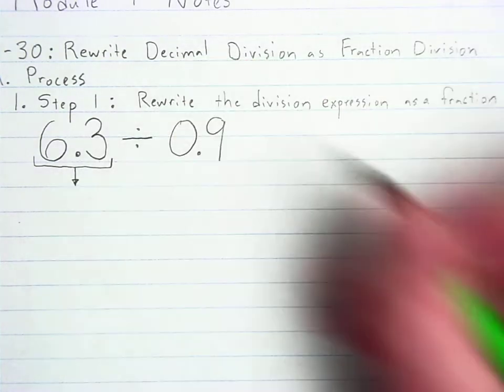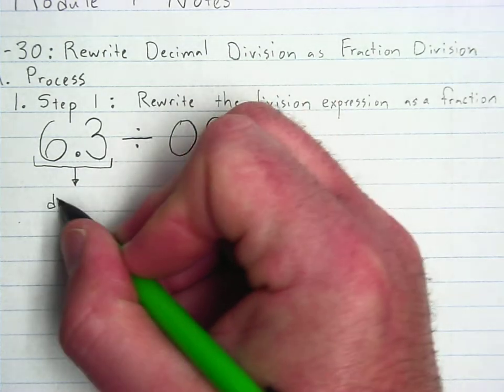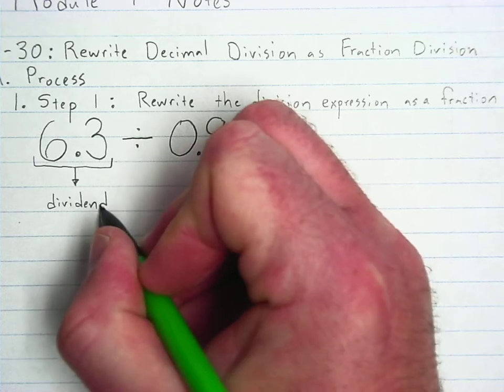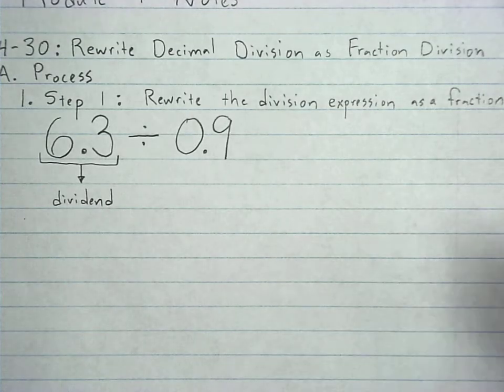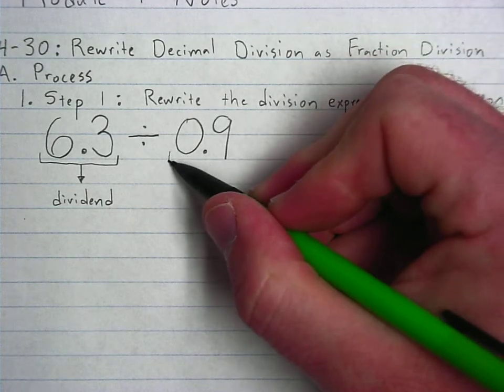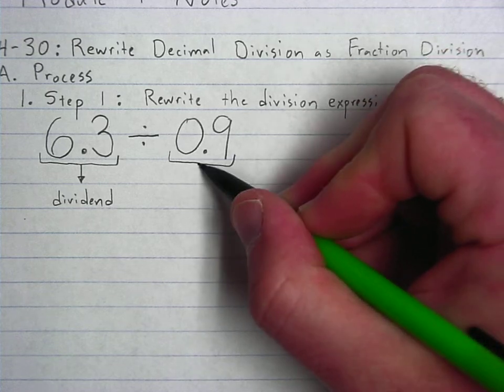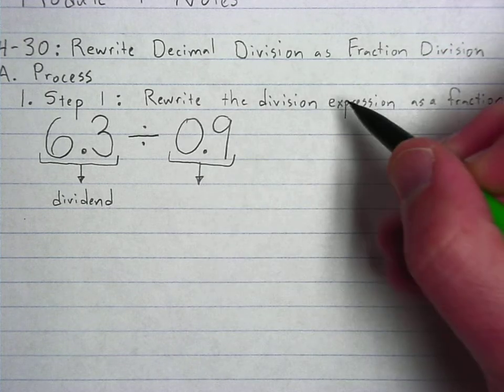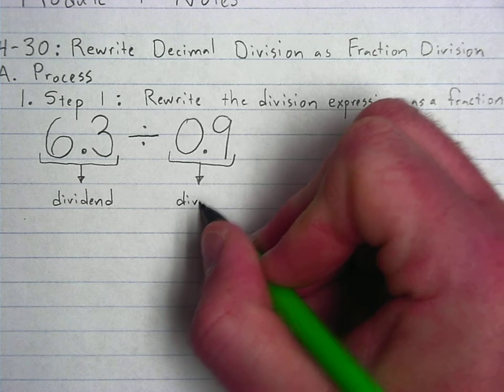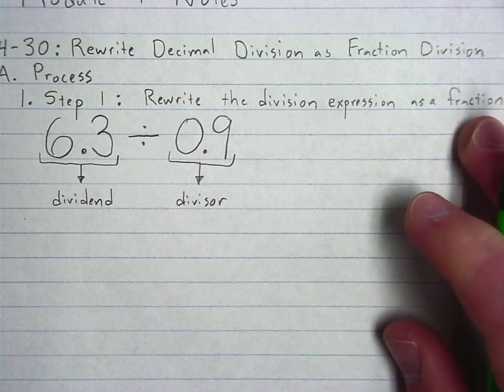Remember that this first part is called the dividend. This is what we're breaking up. This is what we're going to divide into smaller pieces. And the number of smaller pieces, or the size of those smaller pieces, we call that the divisor.